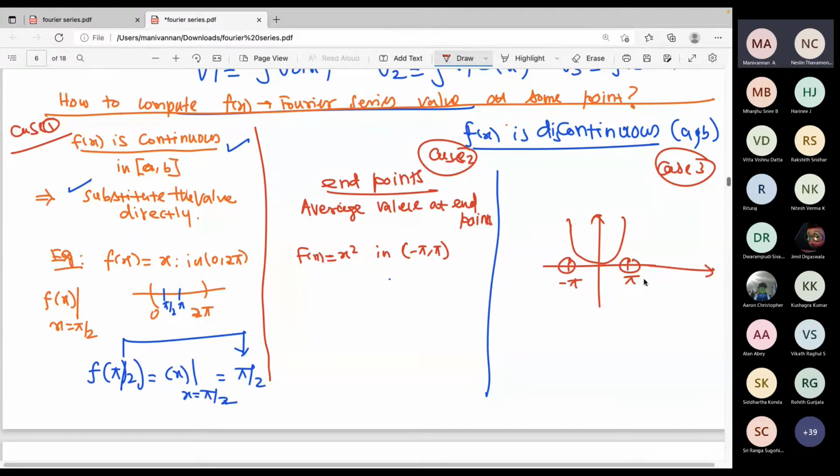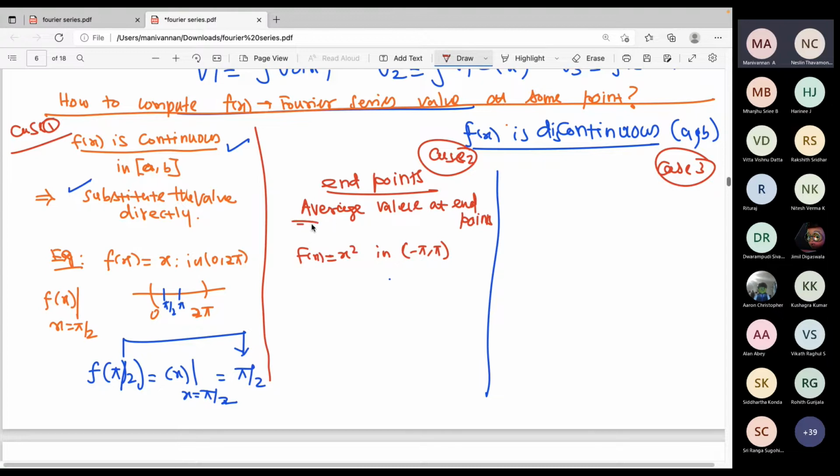Periodic means from minus pi to pi, again the graph is going to have the same nature beyond that. Periodic means definitely the same graph should come. Now here f of x equals x square on minus pi to pi.